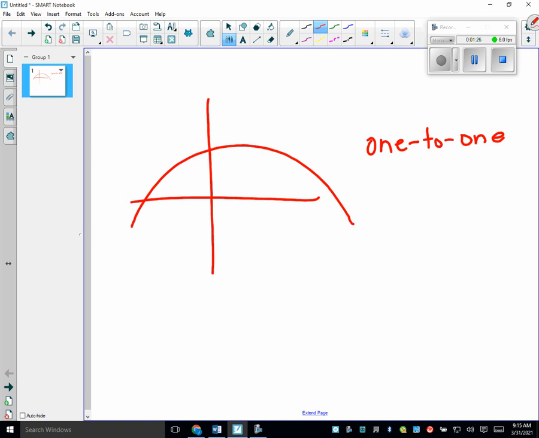It has to be a function to be 1-to-1. It is a 1-to-1 function if, when I draw an imaginary horizontal line, it only crosses once. So this particular graph is a function. Is it 1-to-1?